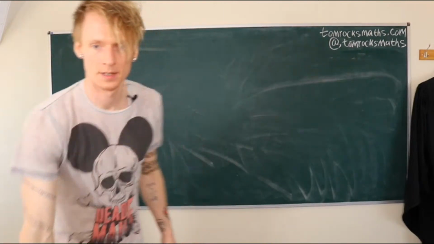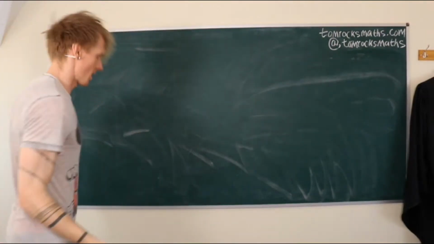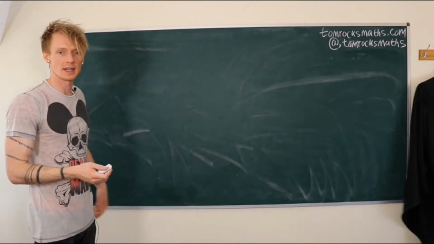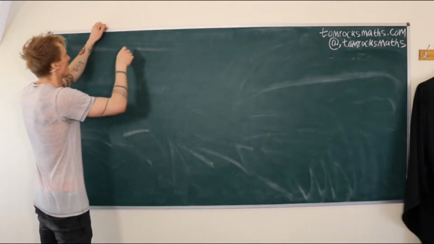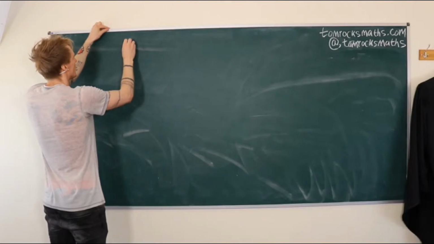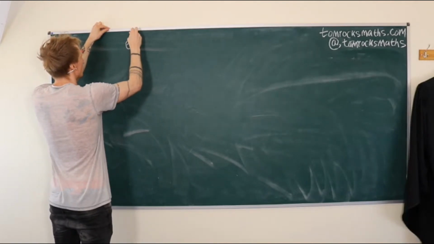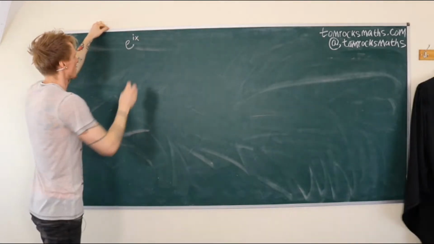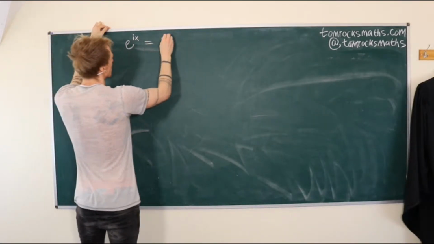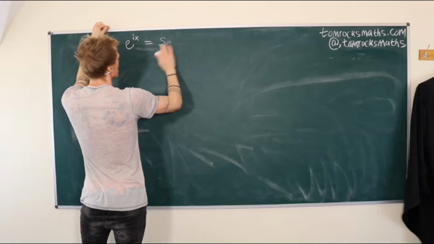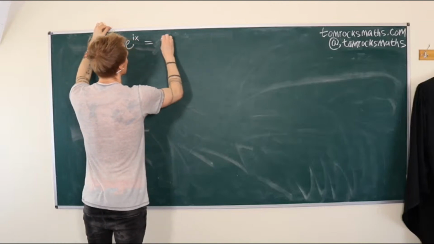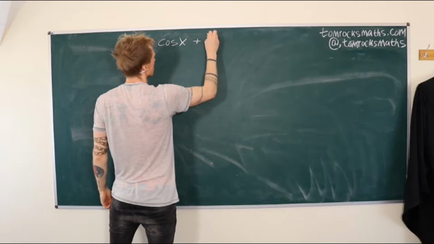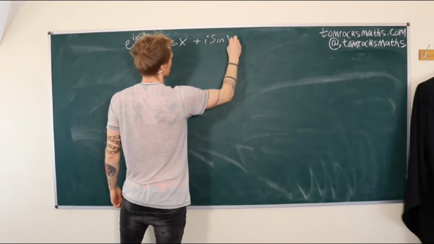Right then. So what did we do? I think the key bits were the power series. So key things to remember were we started by me telling you Euler's identity: e to the ix is cos of x plus i sine of x.